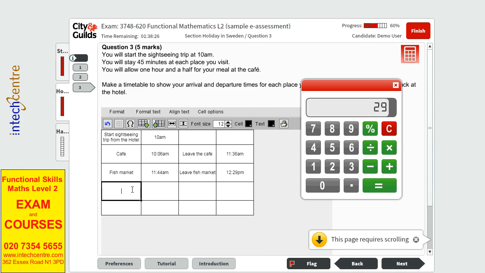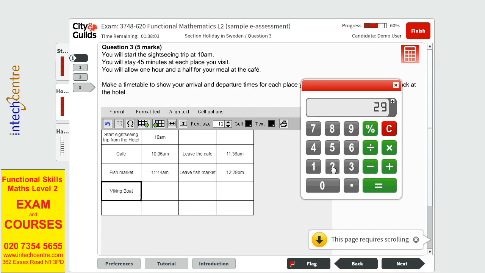From the fish market, the next stop will be a Viking boat. Again, it will take 45 minutes to stay at, but to get there, it will take us 13 minutes.